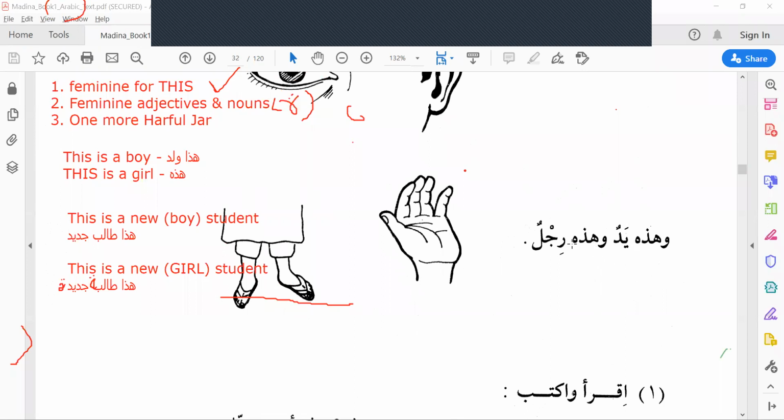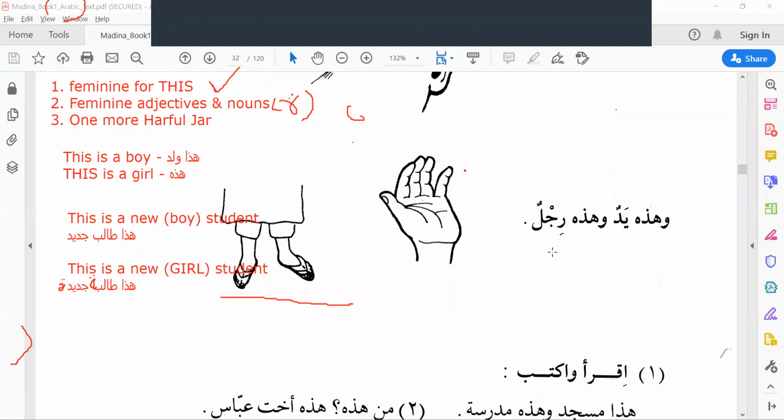Wahadihi yadun wahadihi rijlun. This is a hand and this is a leg. Okay.